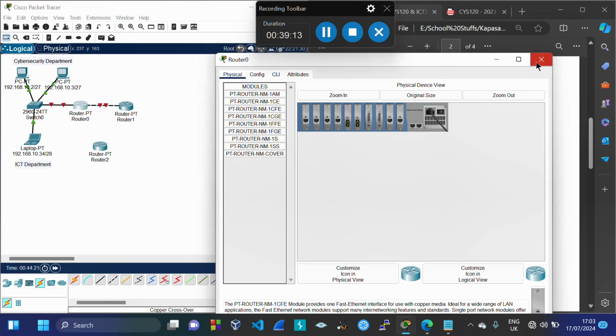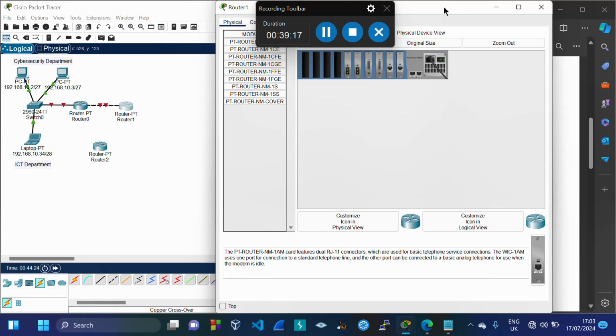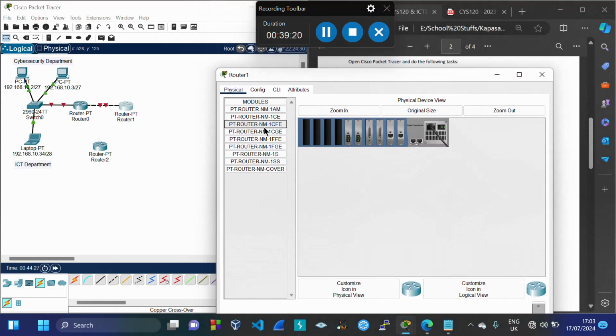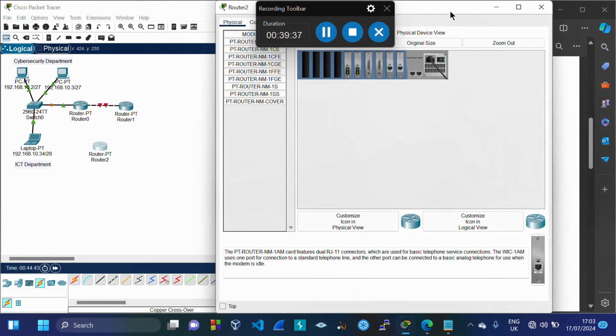Then we say on. Then we do the same for PT router 1 and 2. So we switch it off, then we drag this third port, which is representing Ethernet connections or ports, then on. So we continue doing that even for router 2.